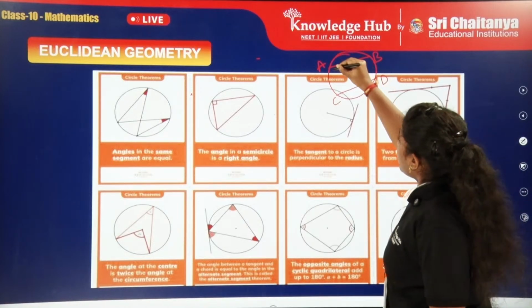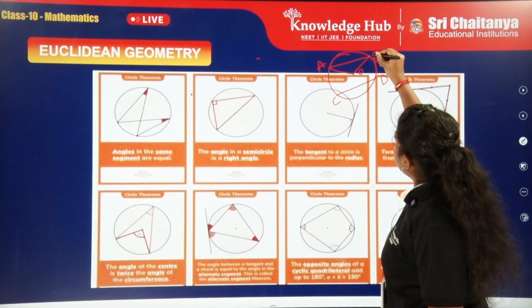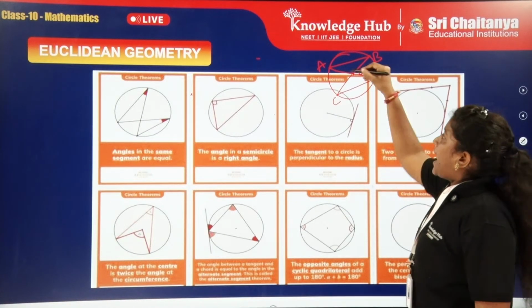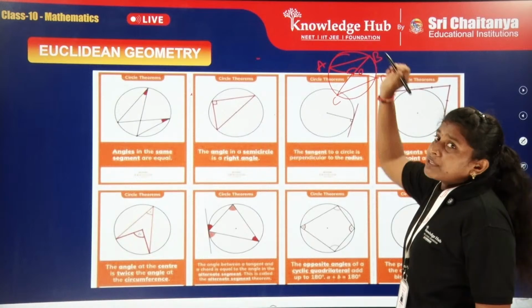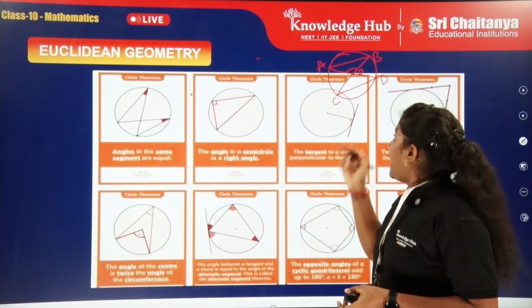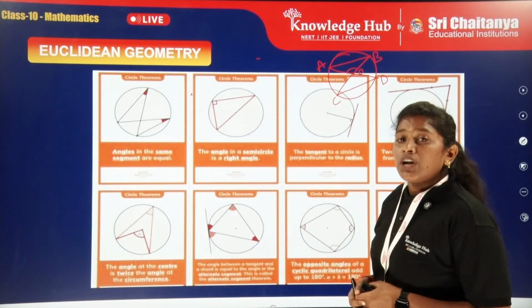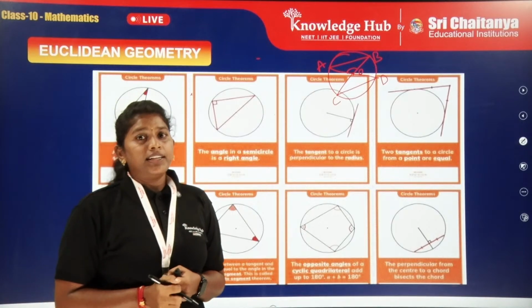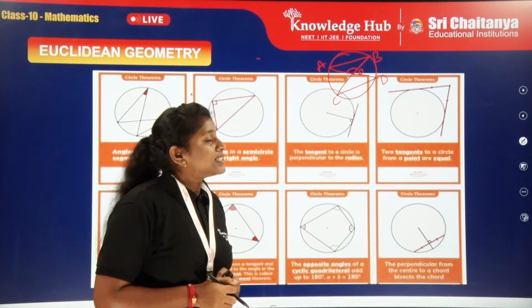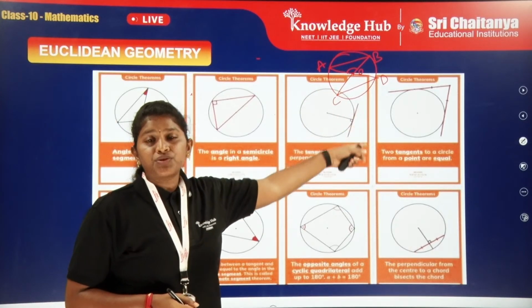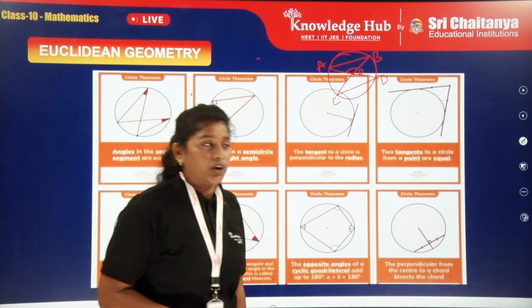Now I am joining O with A, O with B, O with C and O with D. Angle AOB is the angle subtended by chord AB and angle COD is the angle subtended by chord CD at the center O. If equal chords are there in a circle, then they will subtend equal angles at the center. So from theorem 1 we can write angle AOB equals angle COD.